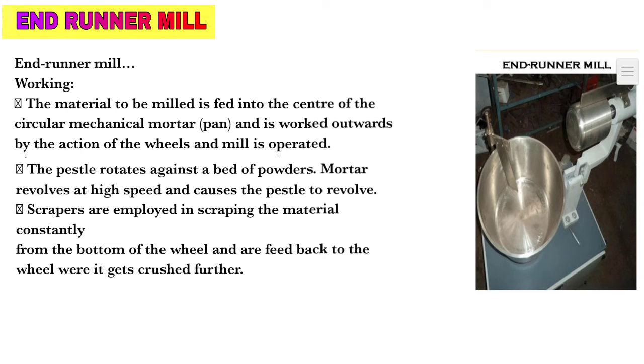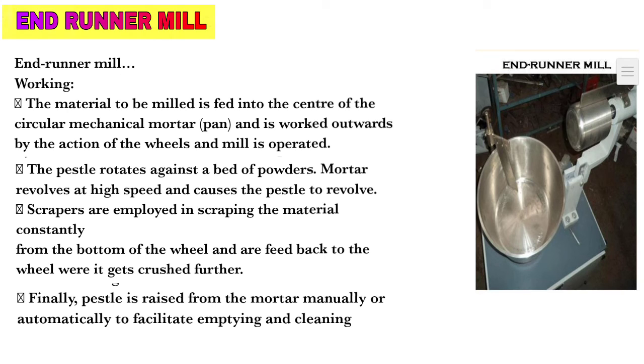Scrapers are employed in scraping the material constantly from the bottom of the wheel and it is fed back to the wheel where it gets crushed further. Finally, the pestle is raised from the mortar manually or automatically to facilitate emptying and cleaning.